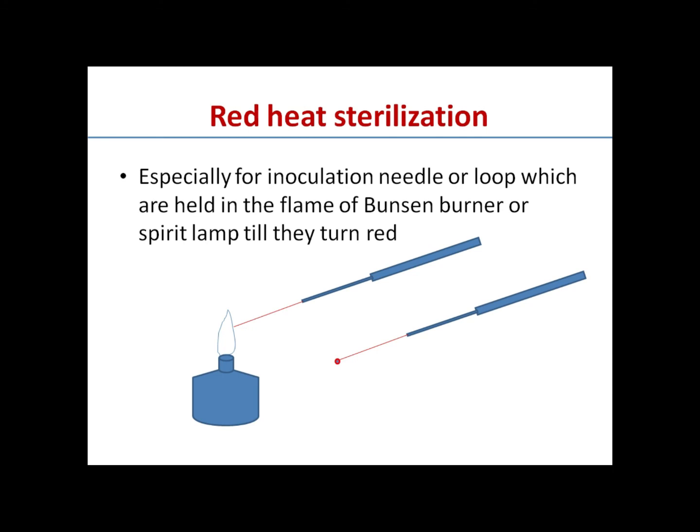Any microbe present on the needle part, the wire, will be completely killed by burning in the flame. This is called red heat sterilization, mostly used for inoculation needle or loop.